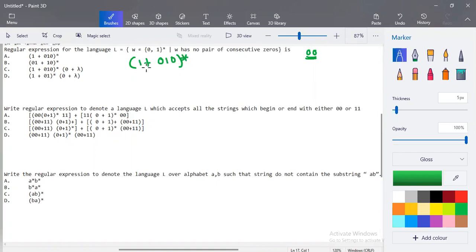Okay, so it means that either a single iteration or any possible combination. Here, when you consider the first iteration, I have 0, 1, 0 taken, and the next iteration also, if 0, 1, 0 is taken, we have a possibility of getting consecutive zeros. Got it? So 1 or 0, 1, 0 repeated any number of times.